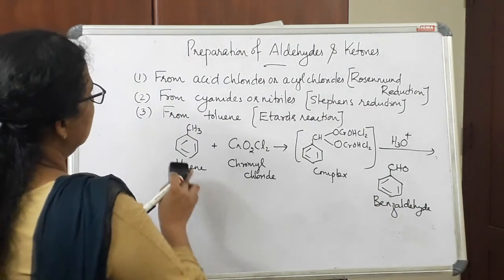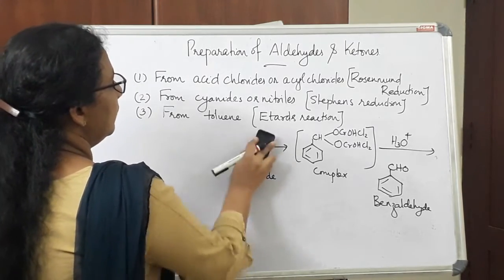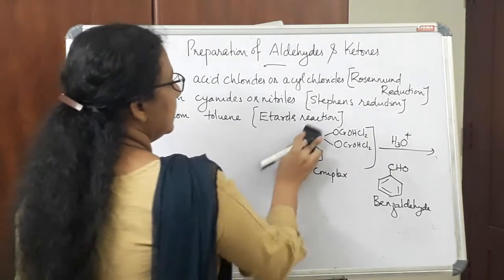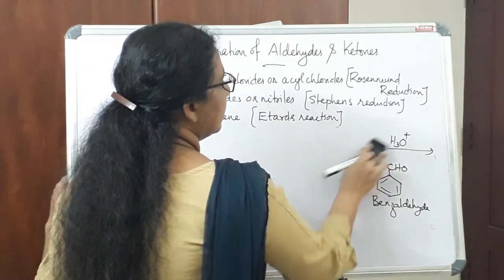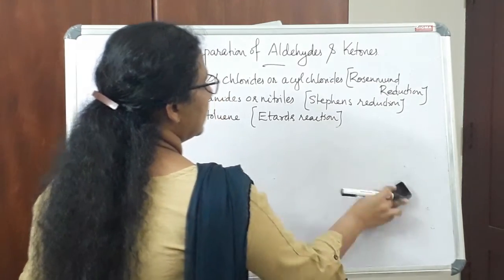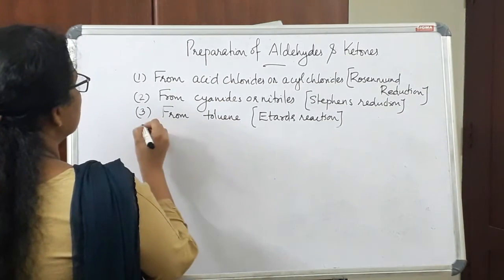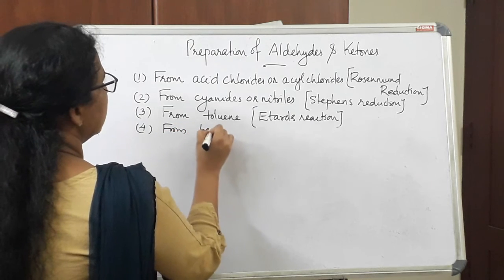So we can write one more reaction for the preparation of benzaldehyde itself. That is also a named reaction, from an aromatic hydrocarbon, benzene. So the fourth reaction is from benzene.